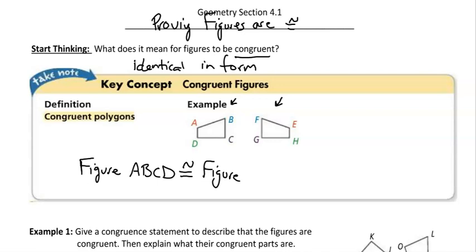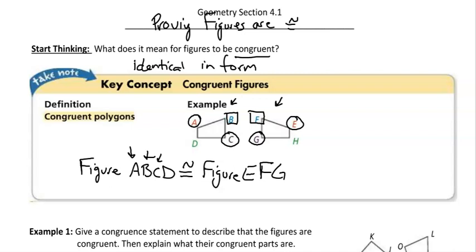Now what you have to do is figure out what corresponds to A. A is here and the same location on the other figure is E, so it's E. B is this location, which on the other one, the corresponding is F, so it's F. C is down here, that right angle. The right angle is G. And H is this, or actually, sorry, D is that one, and H is this one.